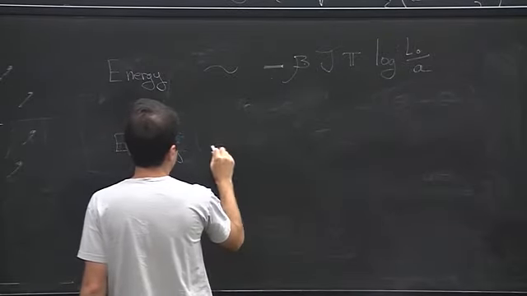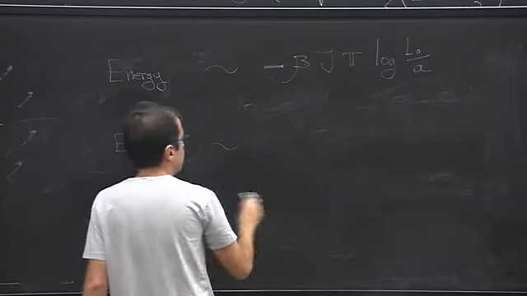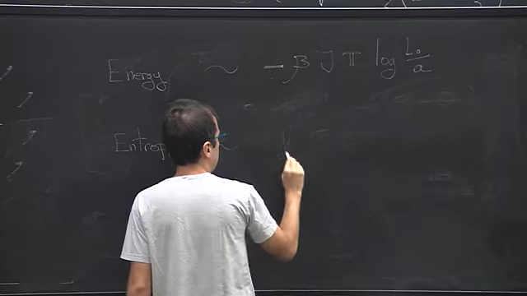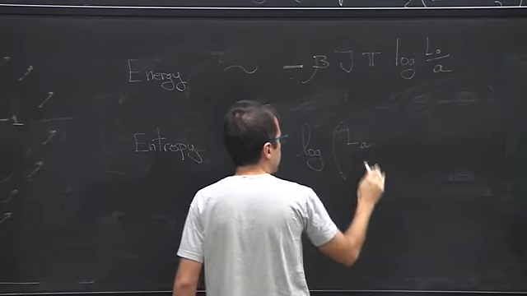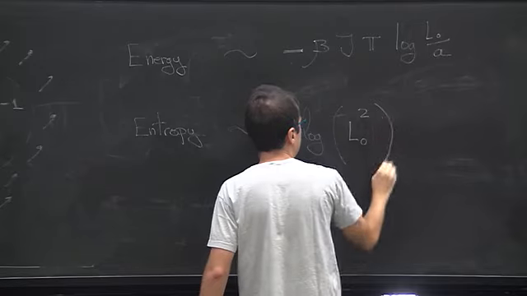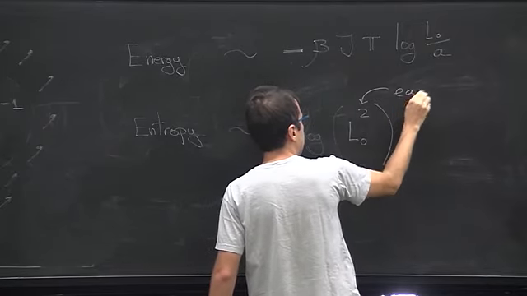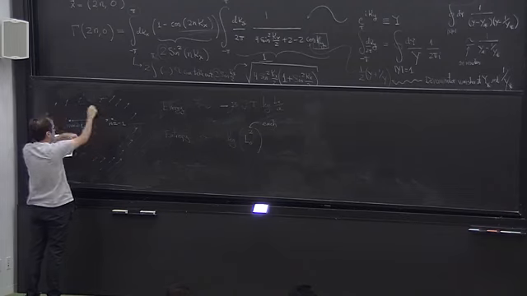But the entropy would be, where can I put these vortices? Well, I can put them at some position. And for each vortex, I could choose some position inside some domain of length L0.